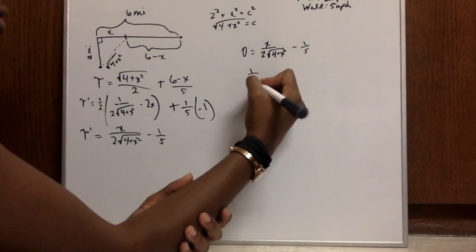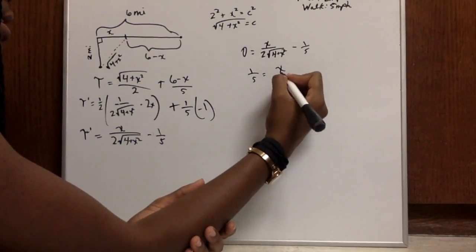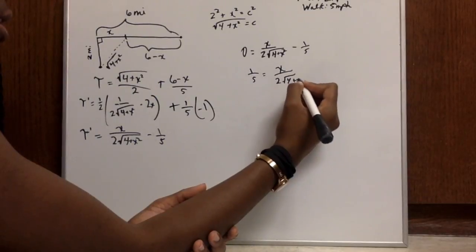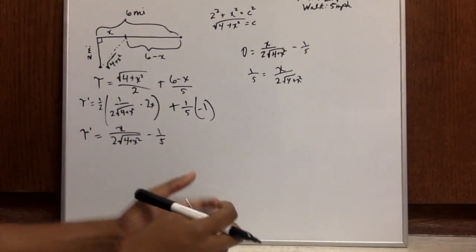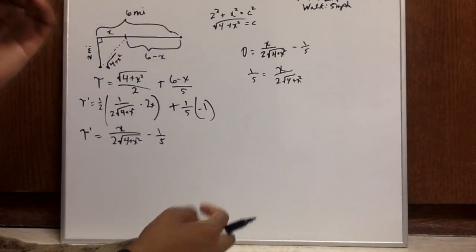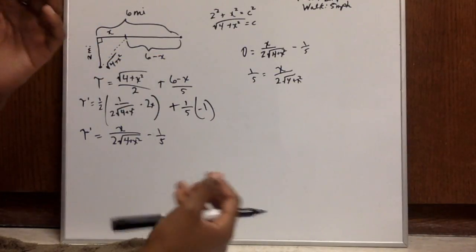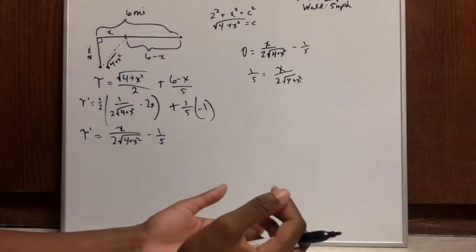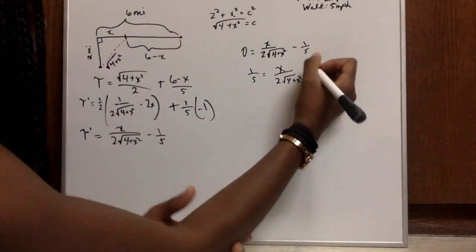So 1/5 is equal to x over 2 radical 4 plus x squared. Now we can either cross multiply, or we can divide by x or multiply by 1 over x on both sides. So I'm going to multiply by 1 over x on both sides.